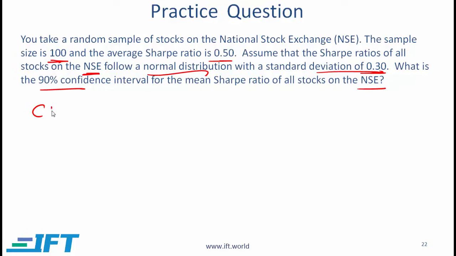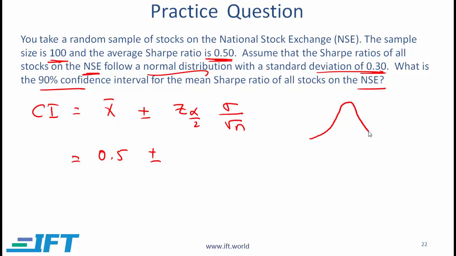So we use our formula, confidence interval is equal to the point estimate plus or minus Z alpha over 2, which is our reliability factor, times the standard error, which is sigma over root n. Our point estimate is given right here. The average Sharpe ratio for our sample is 0.5 plus or minus Z alpha over 2. We have a 90% confidence, so we look at our normal distribution. 90% confidence means we have 0.9 over here.